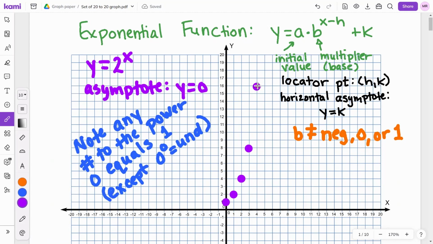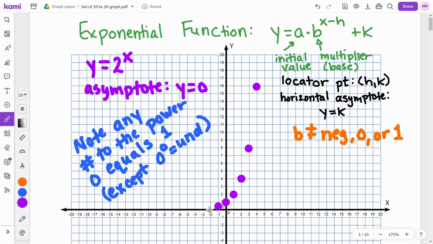Now, if I'm going in the negative direction, when I raise 2 to a negative power, it's going to be the reciprocal of 2 to that positive power. So if I take 2 to the negative 1, 2 to the first is 2, so 2 to the negative 1 is the reciprocal, which is 1/2.